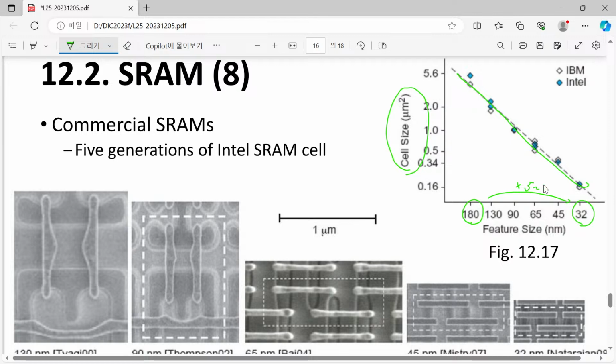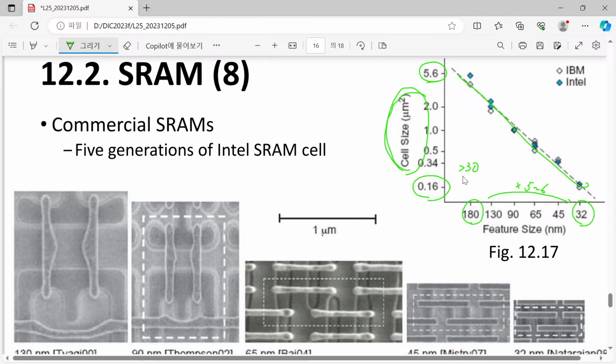And please have a look at the reduction of cell area. It started from 5.6 and is now reduced to 1.16. Then what is the ratio? The ratio is larger than 30 times, not like 40 times, but larger than 30 times.